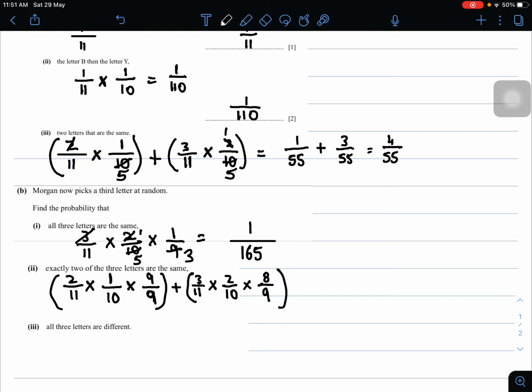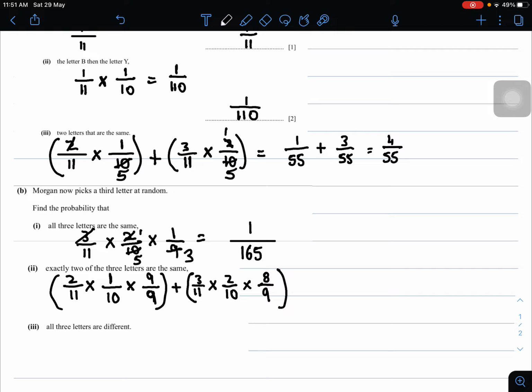Now, since the 2 letters could be picked either at the first pick or the third pick, the first pick or the second pick, and the third pick, the second pick and the first pick, it could be picked at any of the 3 picks.